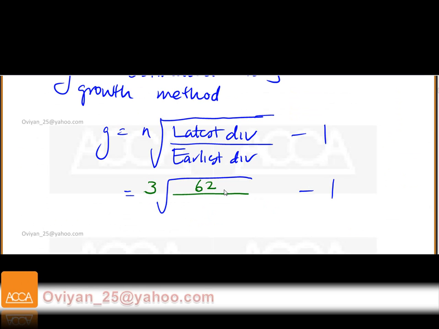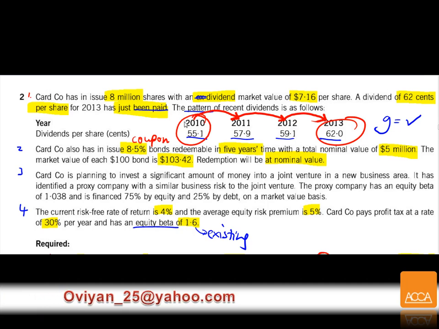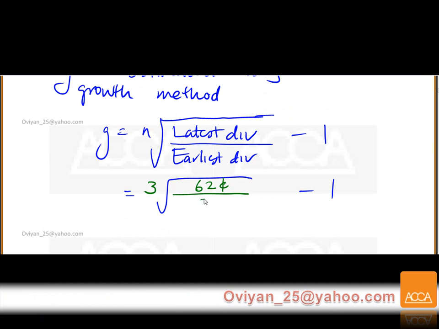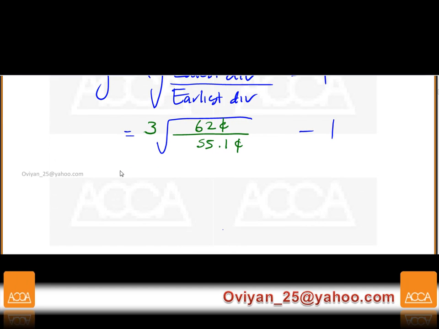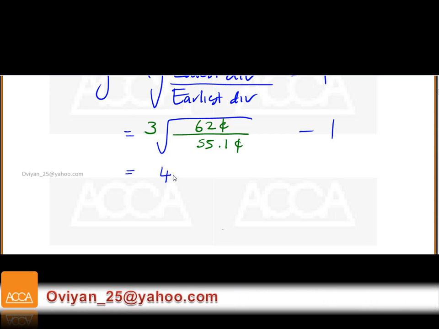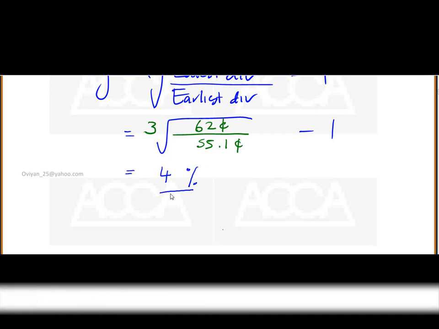So let's call it in cents, no worries about that, or you can call it in dollars. 62 cents, and the earliest one is 55.1 cents. Calculated properly, you're going to get around 4%. This is going to be 4.01. I'm just going to call it 4% growth.